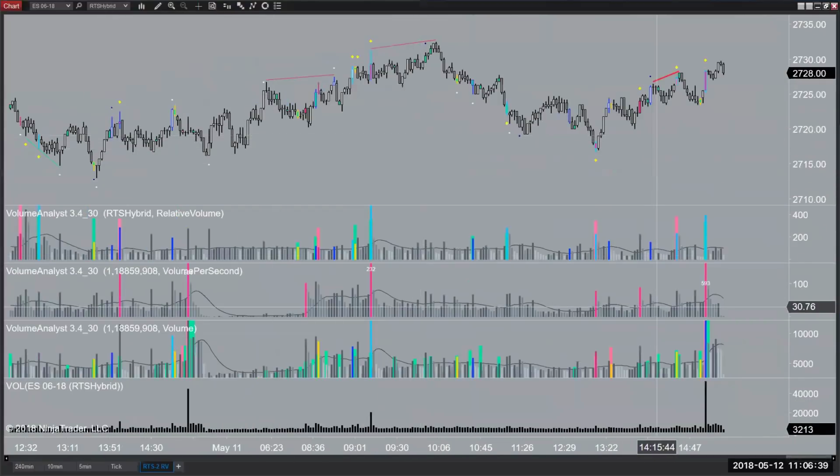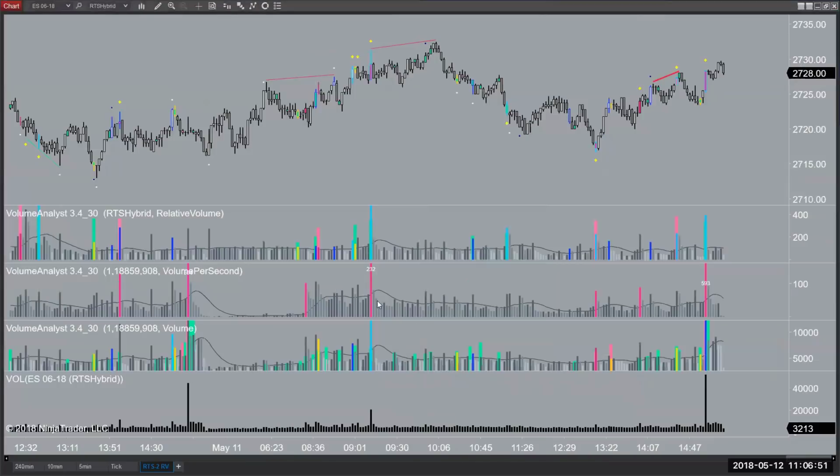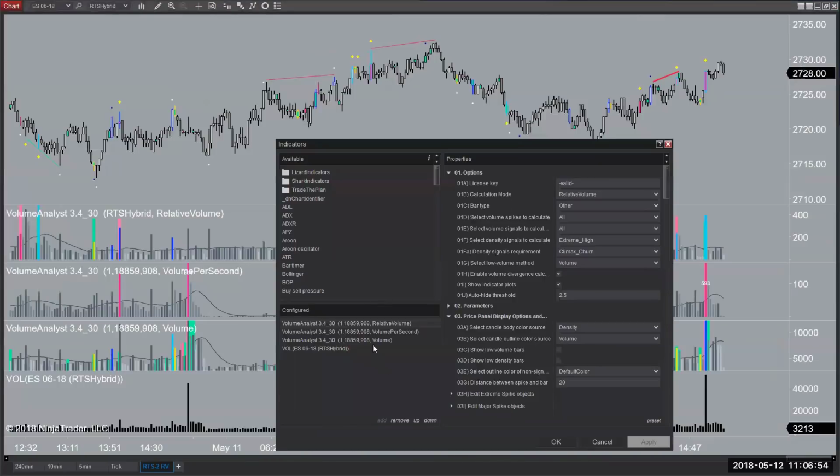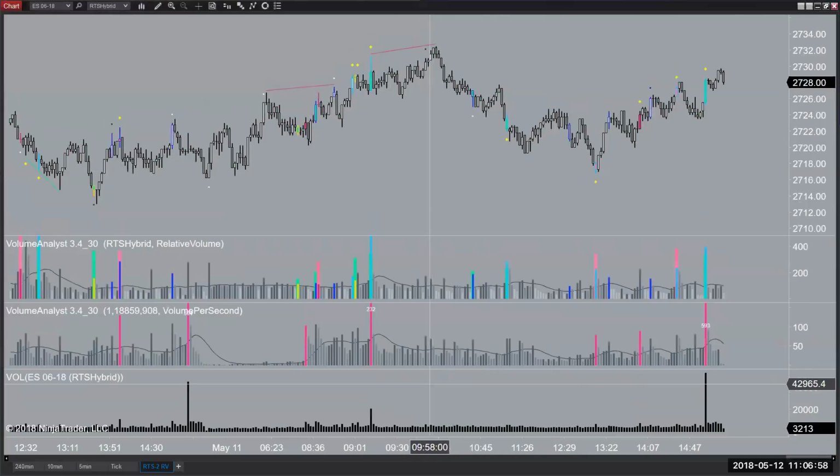This is an RTS chart. This is the bar that I included with the volume analyst last time we released it for Ninja 8. This one is not displaying properly here, but let me show you. I'm just going to remove this one. So this is also a non-time-based chart.